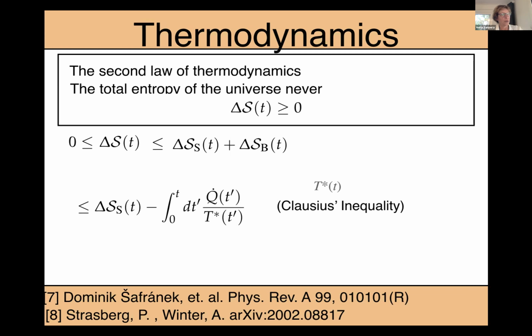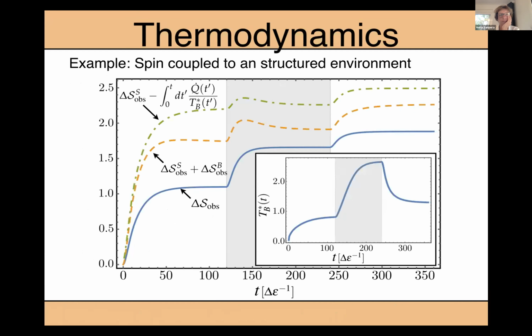When we look at the results, we take the same very simple system as before, which is a spin coupled to a structured environment. I want to go a little slowly on this graph, because it is probably the most important graph of our results. This is a system which is driven periodically with a small drive.